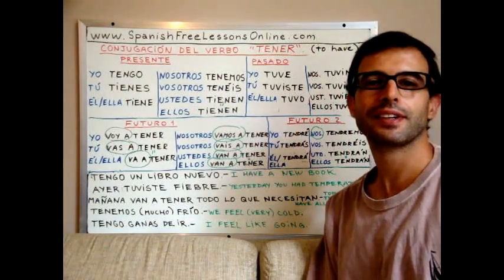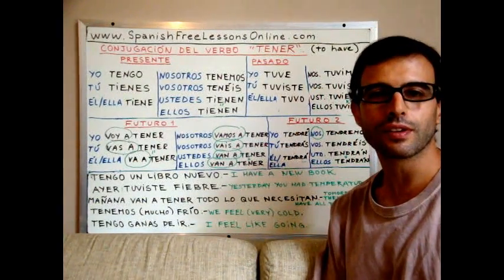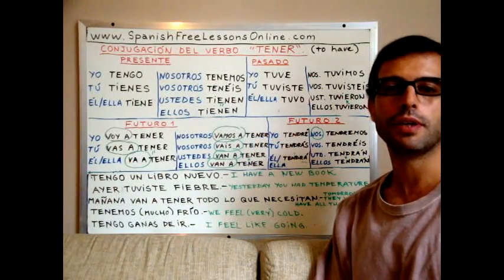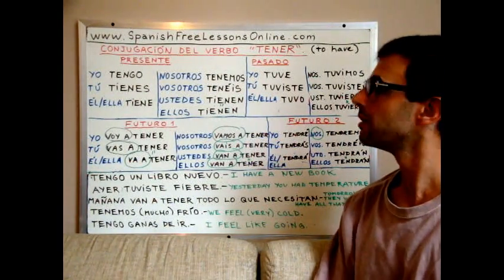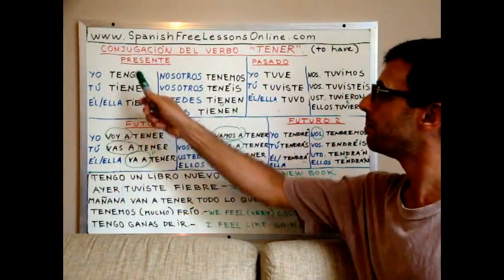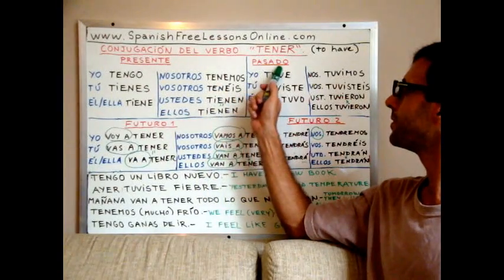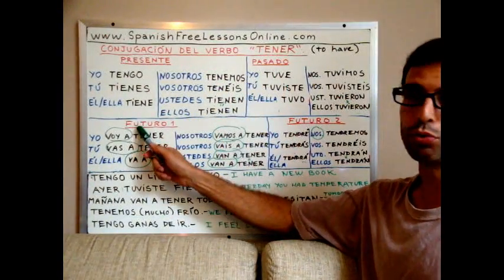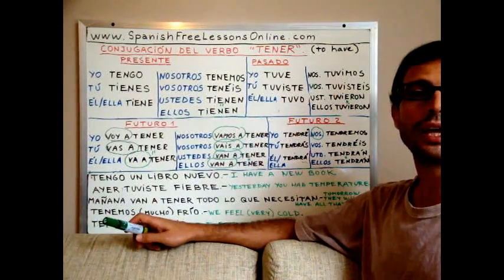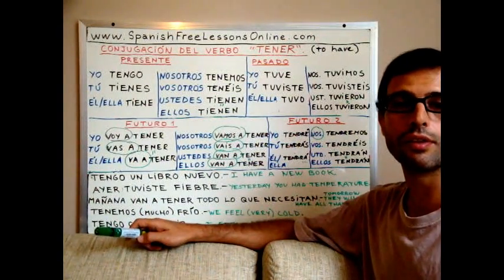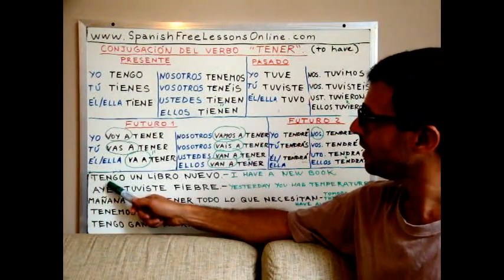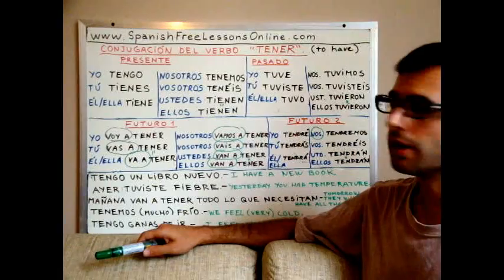Hi again. Today we will see some sentences as examples of the verb that we have been conjugating in the previous lesson. We have seen verb tener conjugated in presente, pasado, and futuro. So now that we know how to conjugate the verb tener, or verb to have, we will see how to use it, right?